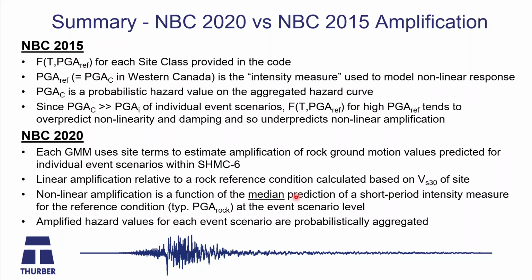In most cases it's PGA. I think in one of the GMMs it's like SA 0.2 or something like that. And then those amplified hazard values for each of the individual events are all aggregated probabilistically to give you your UHRS that you get when you go to the hazard calculator online.